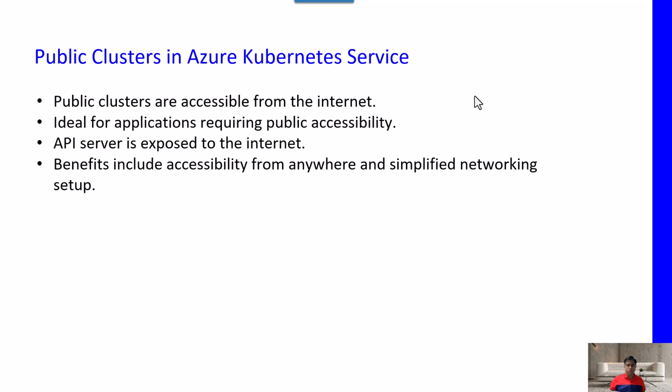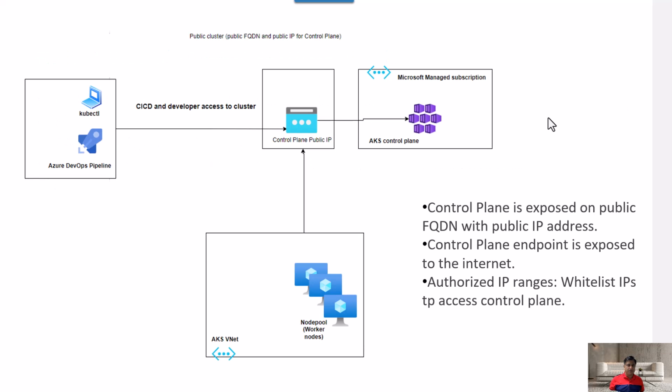It could also host an API which is exposed to the internet where people are calling that API. There are lots of benefits, like you can access this application from anywhere in the world, and it also provides a very simplified networking setup so that anybody can access these public clusters.